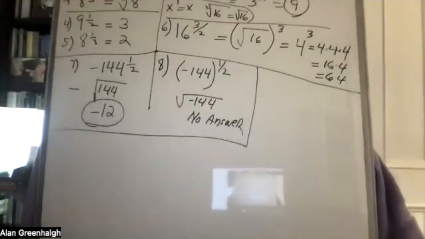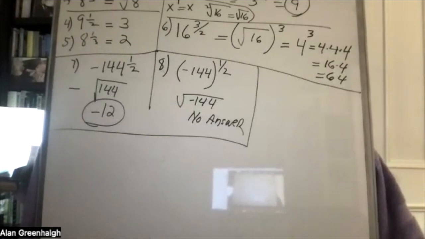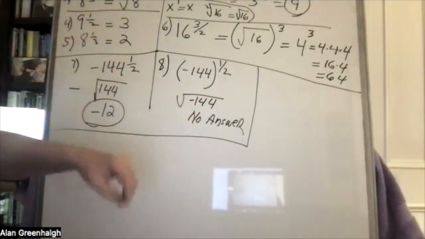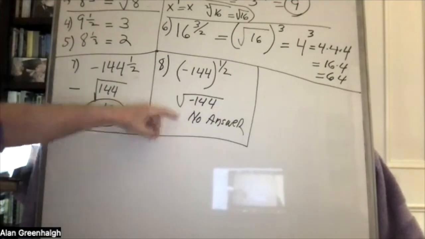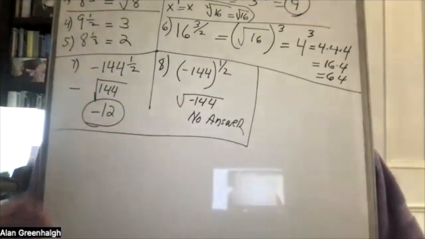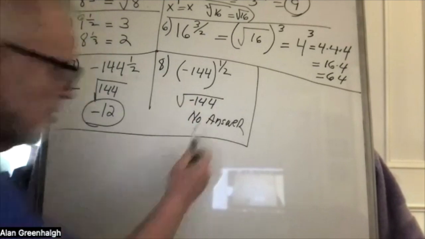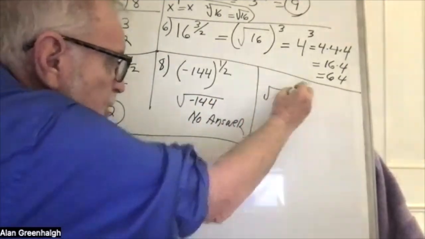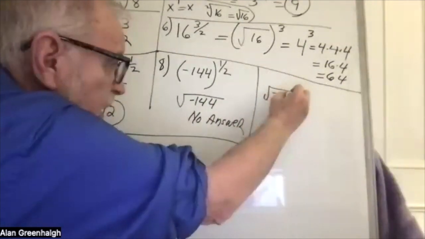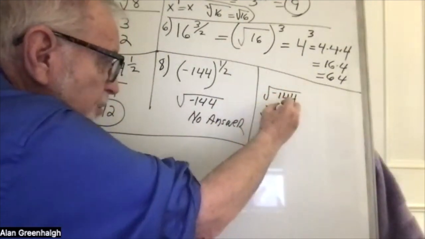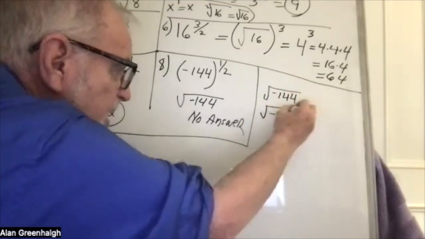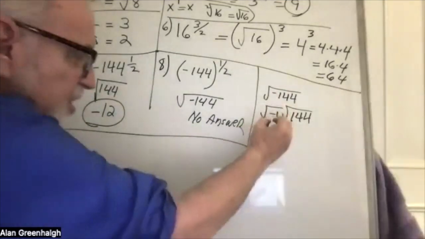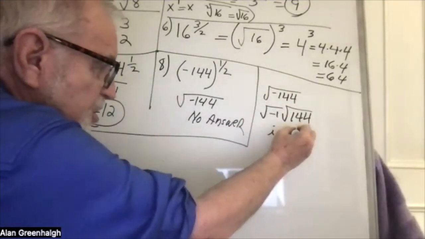Get it? You can't take the square root of a negative number. No number times itself will give you a negative number. I mean, we could, if we wanted to, say, all right, well, the square root of negative 144 is the square root of negative 1 times the square root of 144. And this is i, and this is 12.